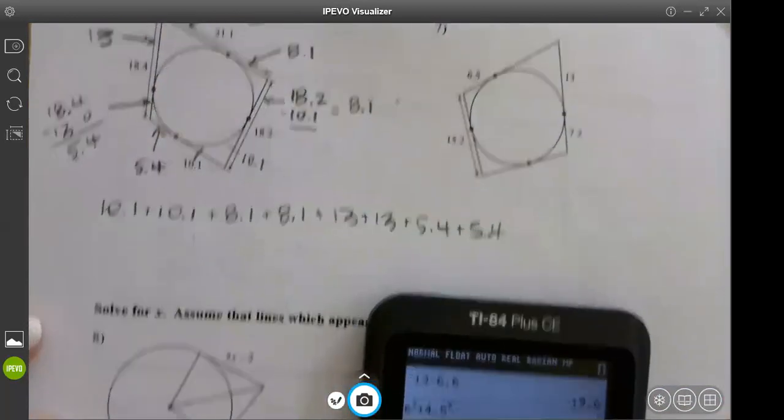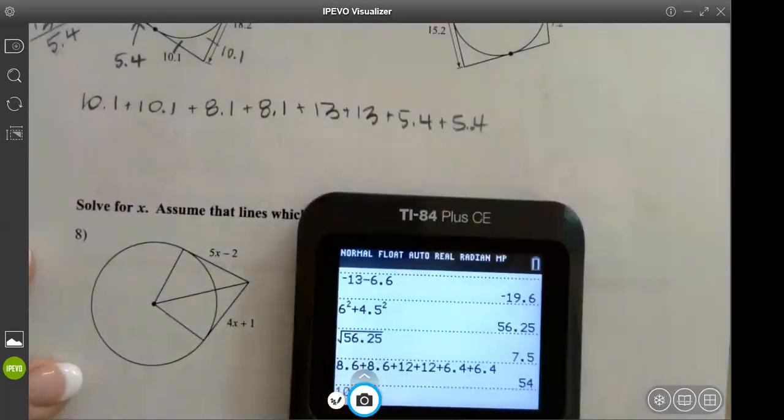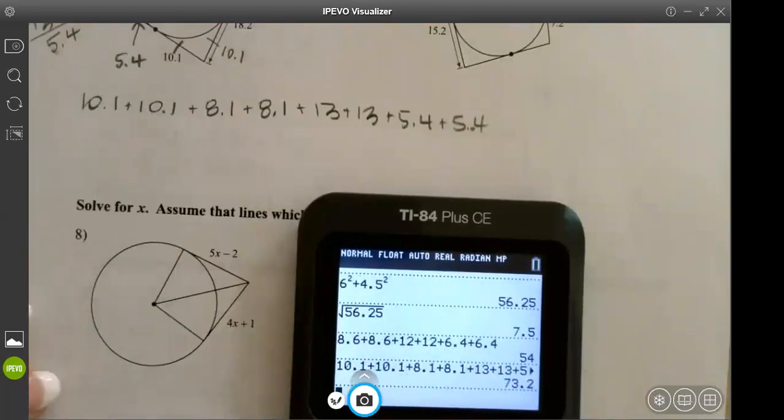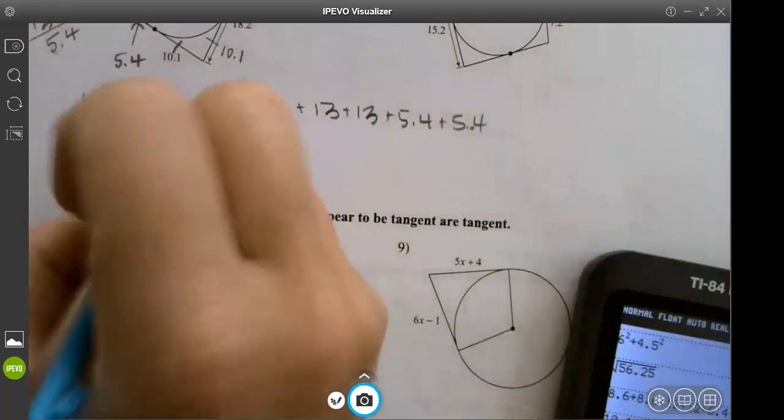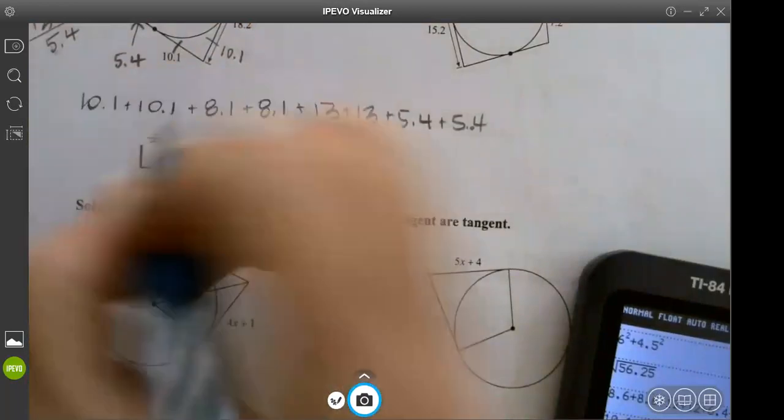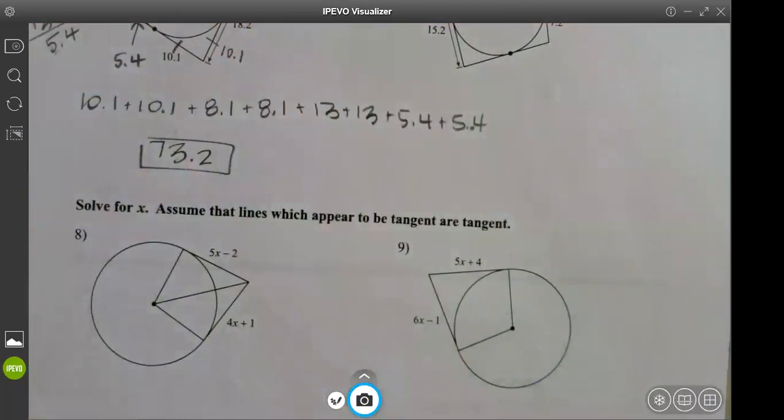You don't have to write all that down. You can just add it up. I just want to show you where it's coming from. I got two 8.1s, two 13s, two 5.4s, which gives me 73.2. Any questions?